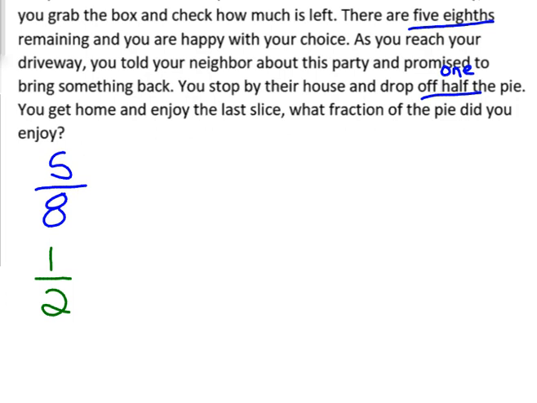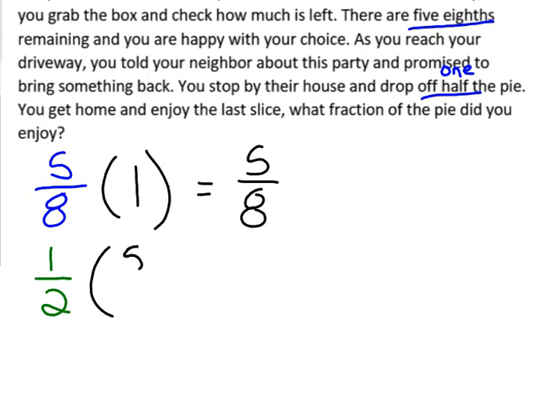So for this example, you took 5/8 of the original pie home. So the original pie had one whole pie in it. So this is a simple multiplication problem. This is just 5/8. Anything times 1 is itself. So you gave half of what you had to your neighbor. So now we're going to do 1/2 of 5/8.